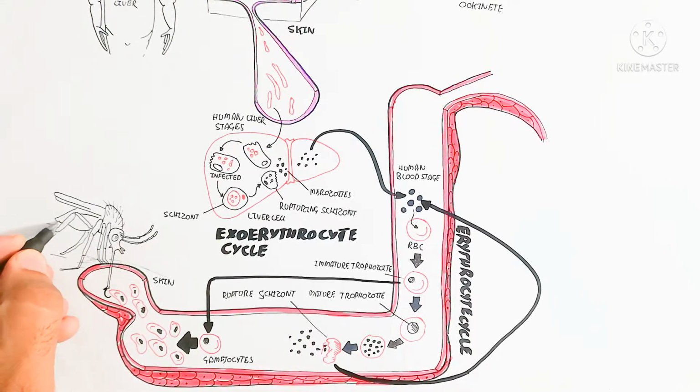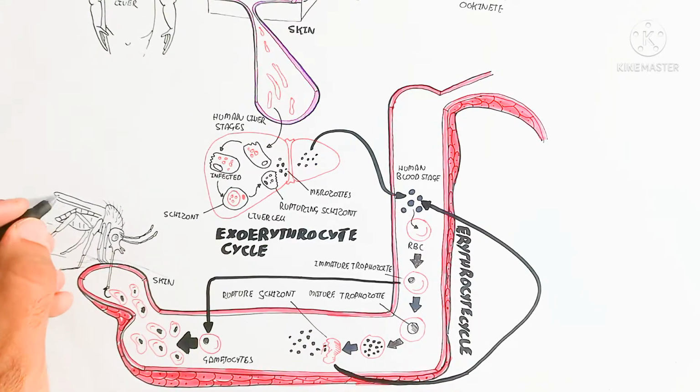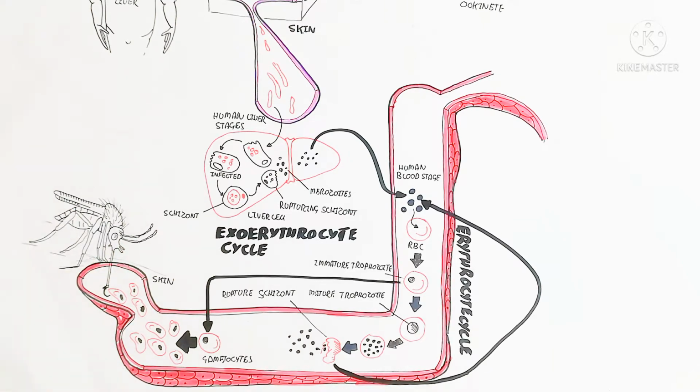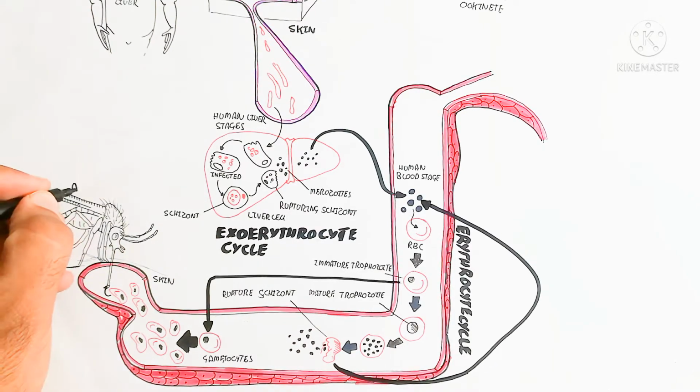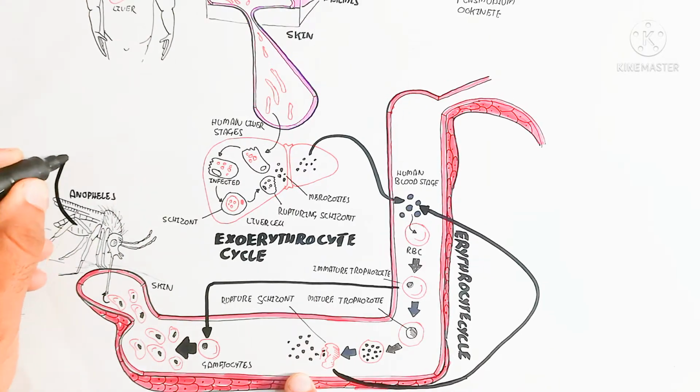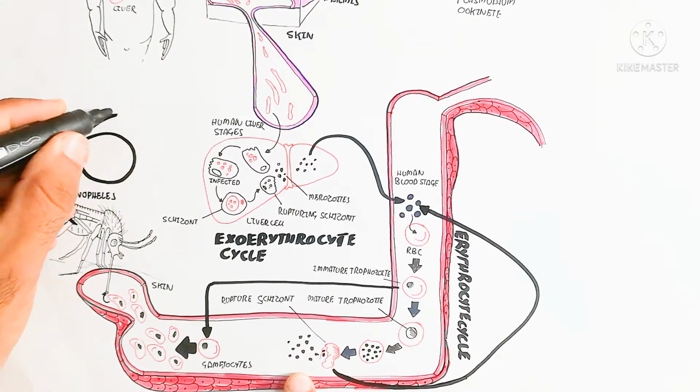After that, the sporozoite cycle begins again, and the produced sporozoites are injected again into the blood circulatory system. I hope this makes sense.